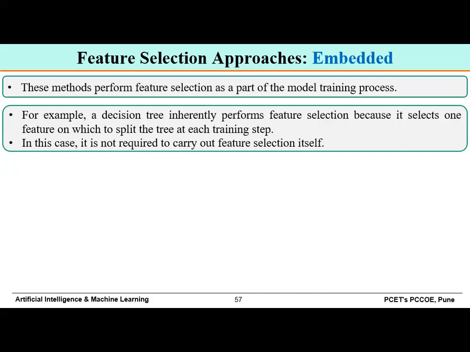The question was whether to split the data based on gender, boys and girls, or to set a cutoff for the marks and split the data accordingly. That kind of decision we have to make, and we use the decision tree. In this case, it is not required to carry out feature selection itself. We do some mathematical process, and based on the value of information gain, we make the decision.